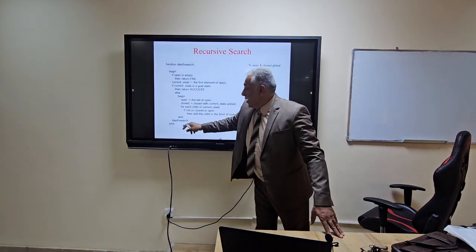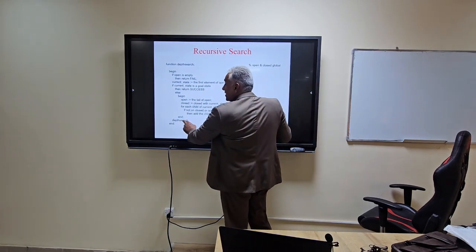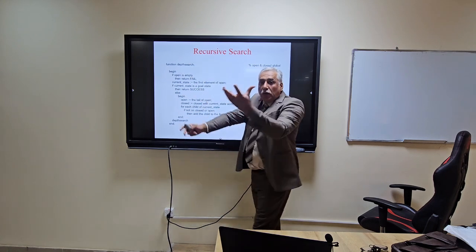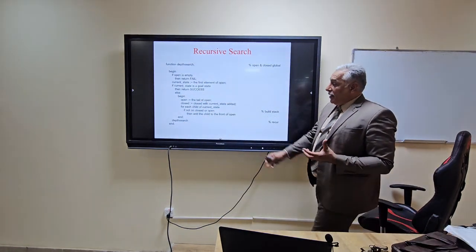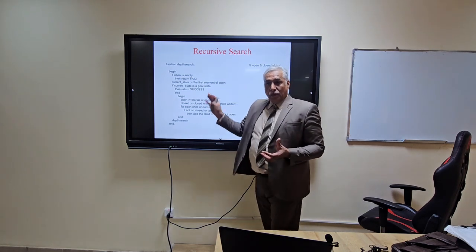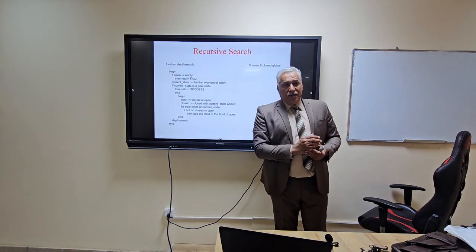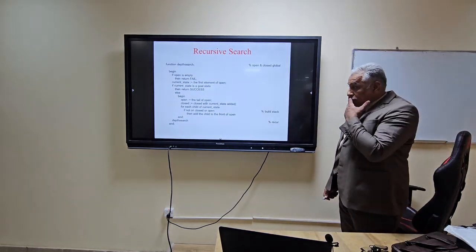And finally, in the search, I will recursively call the same function with the new parameters, after I remove the node from open and put it in the closed list.